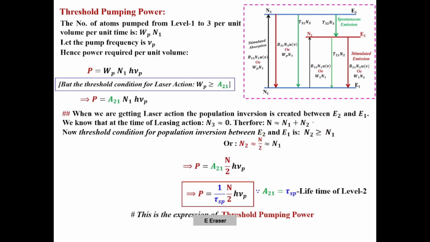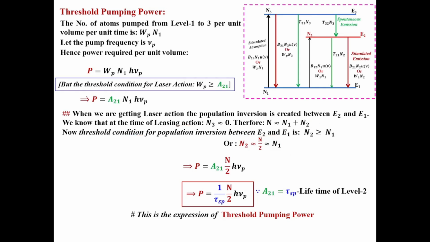Considering these two conditions, we can write N2 equal to N1 equal to N by 2 just as lasing action starts, that is, at the threshold condition of laser action. This is the value we found, right?